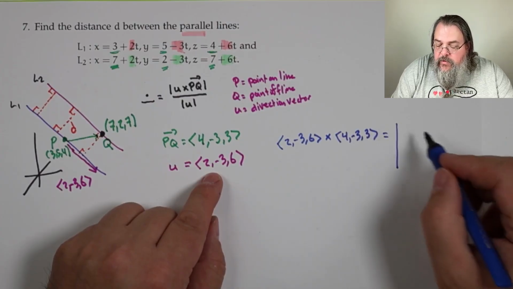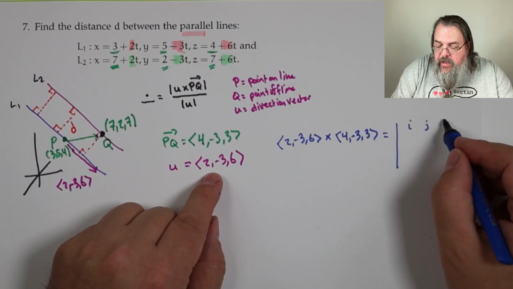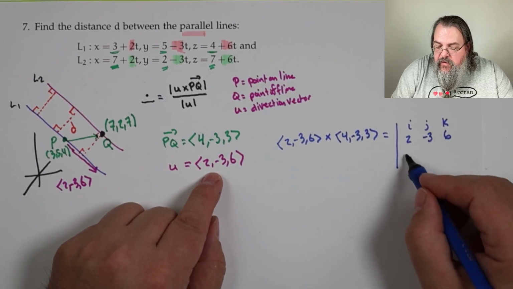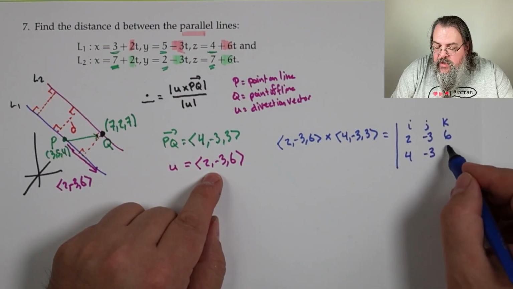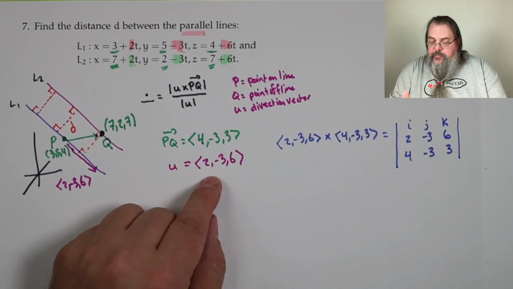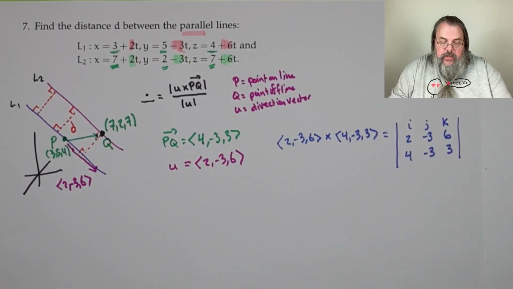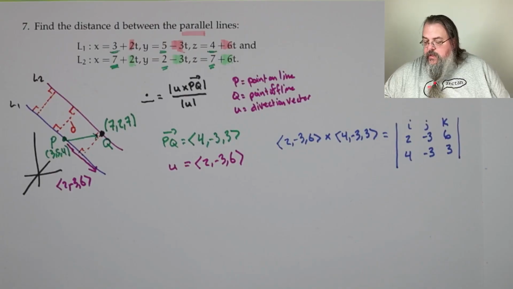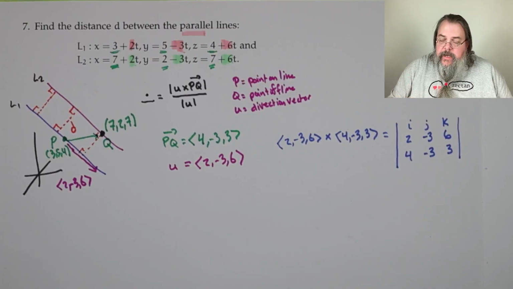Okay, so we're setting up our 3 by 3 matrix. 2, -3, 6, 4, -3, 3. Okay, and I like to do it by diagonals. There's other ways to do it. Some people do this by cofactor expansion. The thing is, as long as you get the right answer, we're happy. We want you to get the right answers.